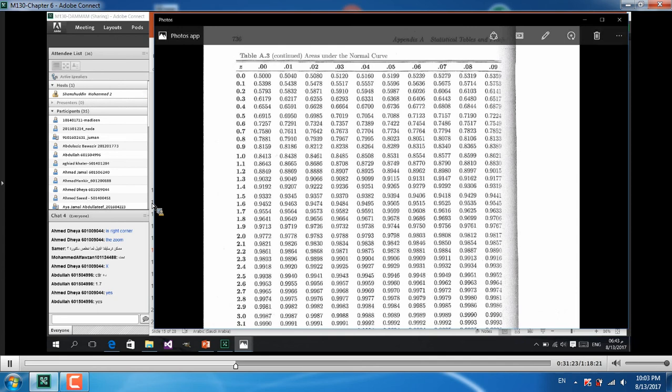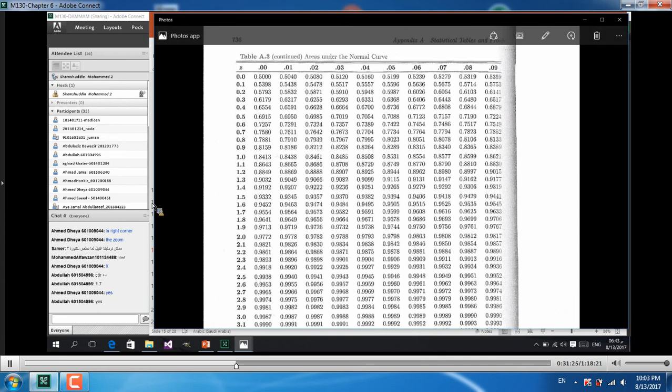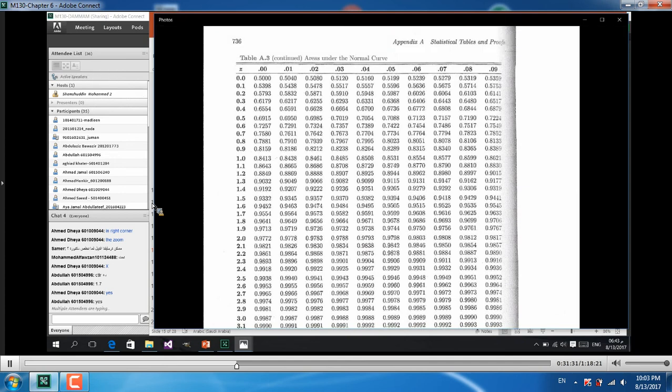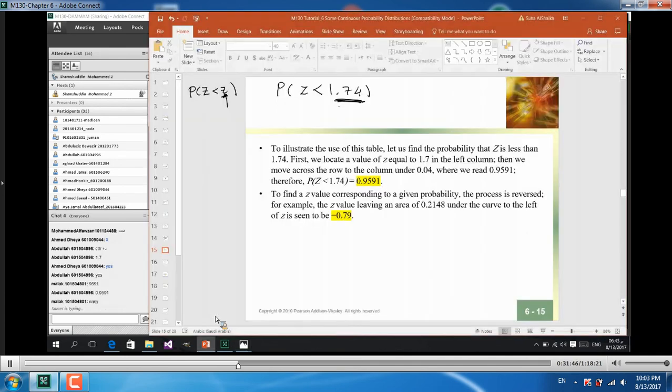So the value is what? 0.9591. Okay, that's it. So the answer here is that the probability of Z less than 1.74 is 0.9591.